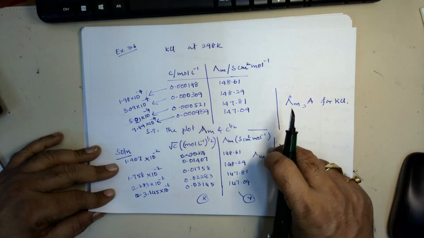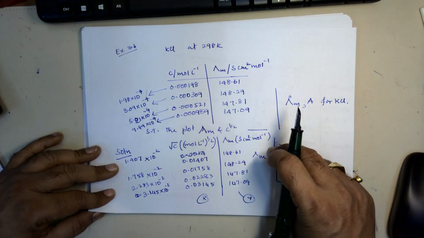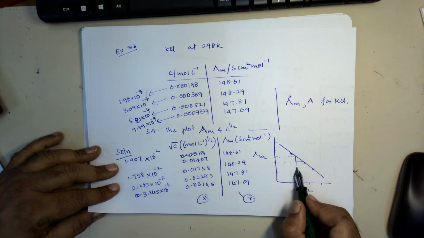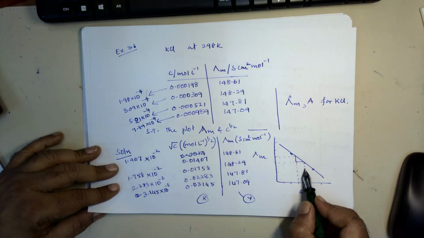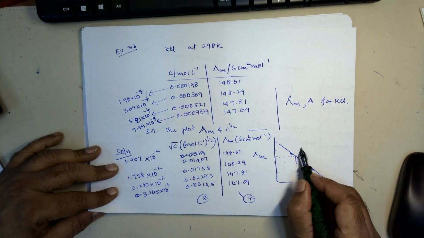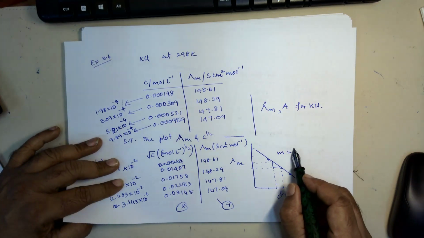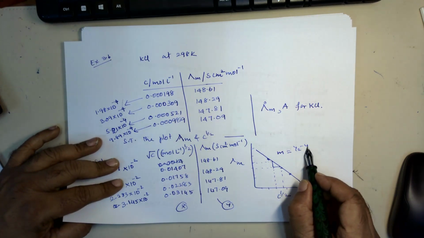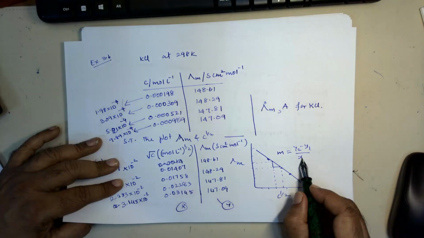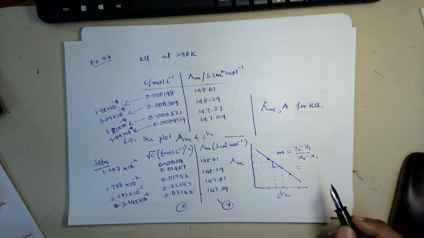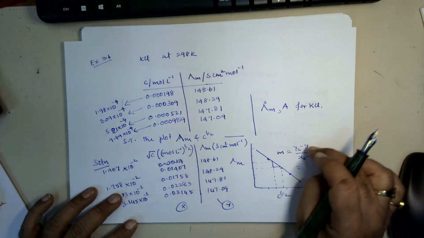So the difference in the y value, y2 minus y1, and x1, x2. So we know that the slope m is nothing but y2 minus y1 divided by x2 minus x1.